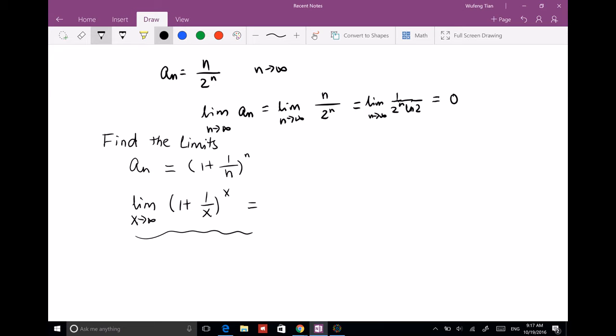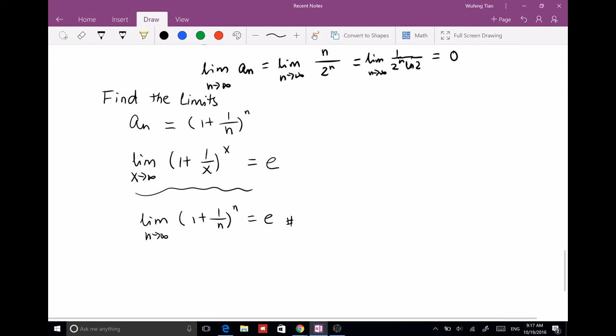Whenever you see a power that has an x, you take the ln, right? And then use L'Hopital's rule. Do you still remember what is the limit of this one? E, very good. Okay, it's e. So now the limit as n goes to infinity of 1 plus 1 over n to the power n also equals e.